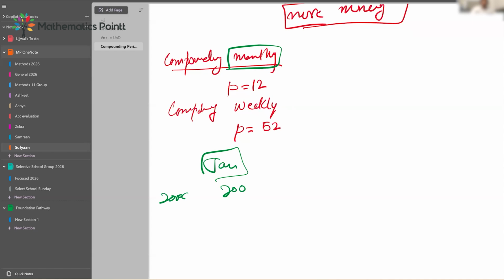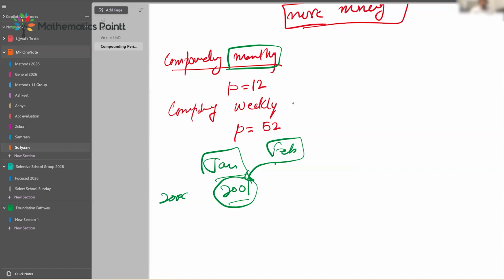In January, let's say you had $2,001, for example. So in February now, what will happen? You will get your interest, your V0 will now become 2001. And so your V0 constantly changes.